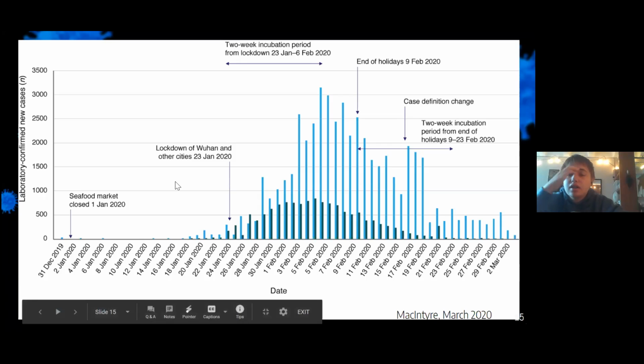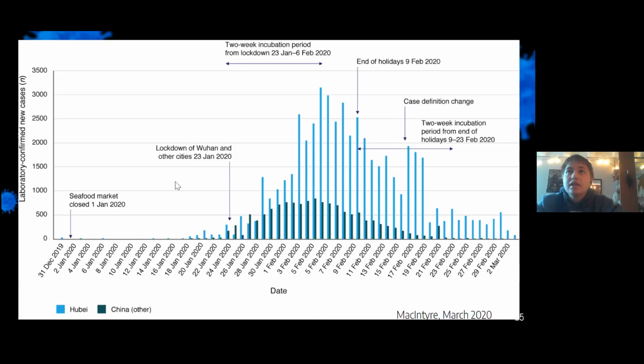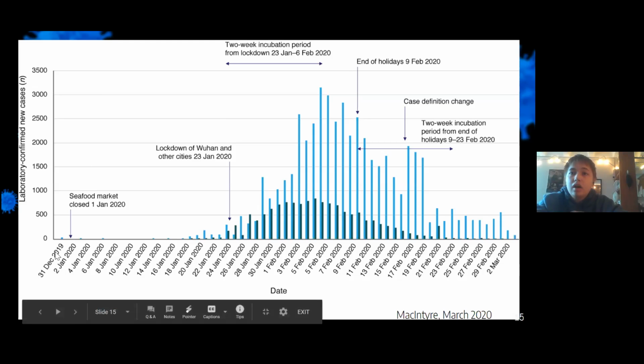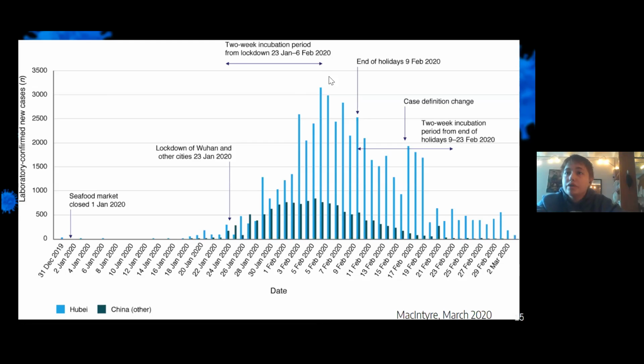Since COVID has an incubation period, you can't necessarily see the effects of the lockdown until a couple of weeks after it was implemented. So you can see where the lockdown began on January 23rd, and a reduction in cases starting about 2 weeks later, which corresponds to the implementation of the lockdown, and suggests that there is an association between the lockdown being implemented and the curve being flattened.